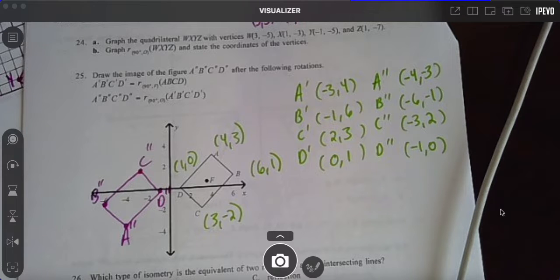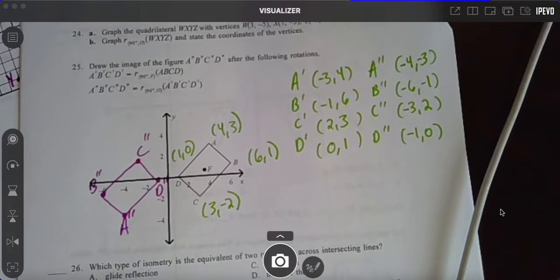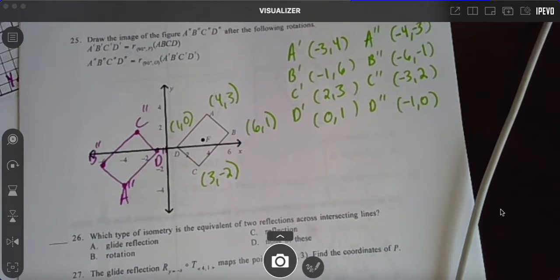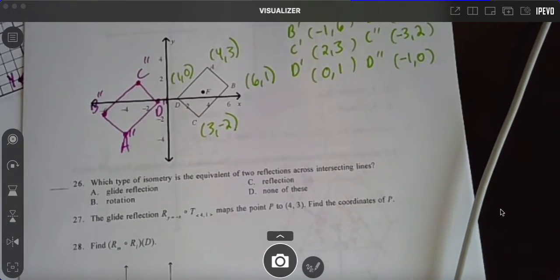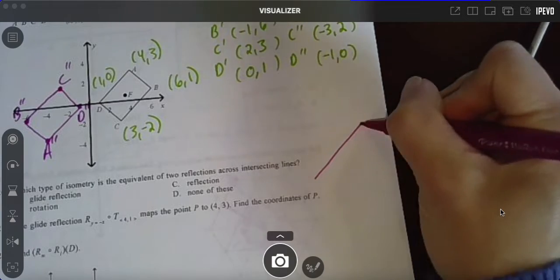Number 26. What are two reflections across intersecting lines? Do y'all remember what that is? I'm probably not putting this one. I'm thinking glide reflection also. That one, you could draw a picture. This is what intersecting lines looks like.